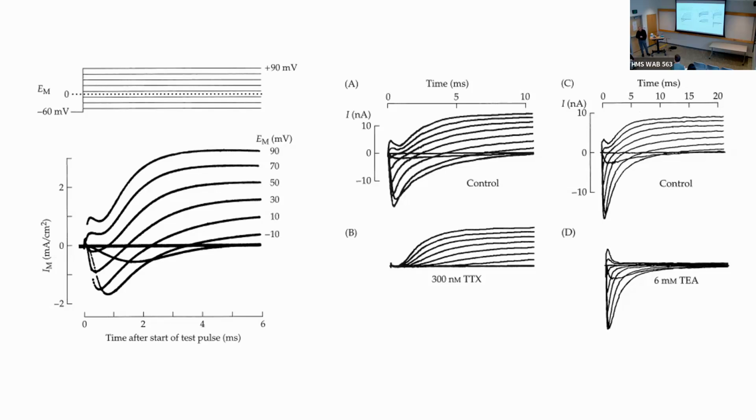This led to the idea that these are really two separate things, the flow of the inward sodium current and the flow of the outward potassium current, which is unaffected by tetrodotoxin.